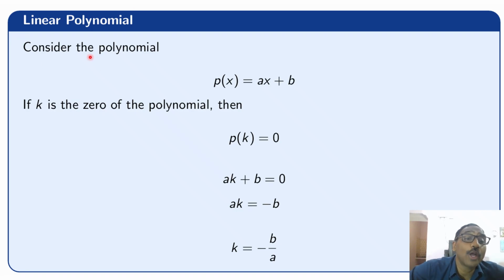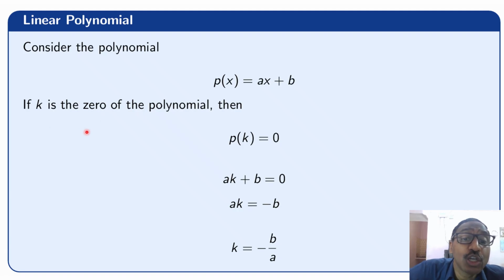Linear polynomial, already we learnt about it. If the degree is 1, the highest power of x is 1, we say that is a linear polynomial. Consider the polynomial p of x equal to ax plus b.